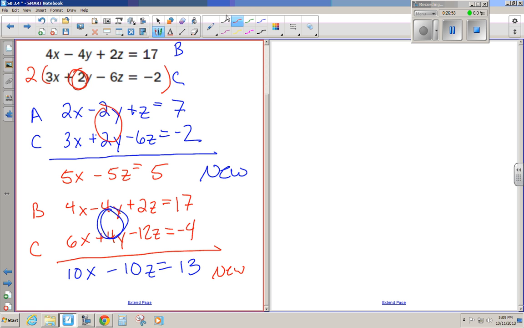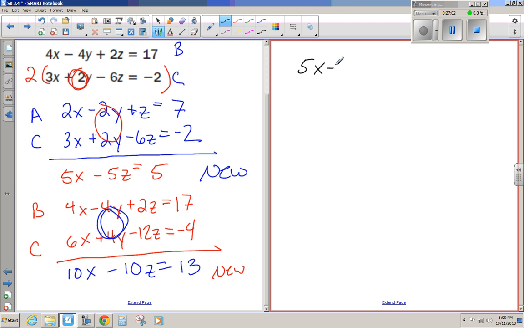So let's rewrite them. Organization is going to be a very big thing for you to be successful. All right, so looking at this, we want these to be opposite of each other. I chose x just because it didn't matter. I multiply the top equation by negative 2.